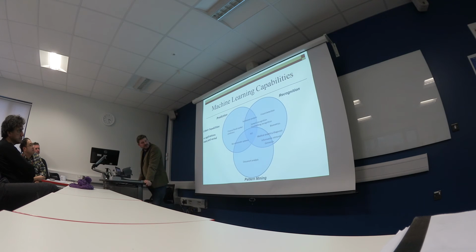In terms of outputs, certainly I think reinforcement learning could arguably be given a separate circle of its own, although clearly it's in the business of prediction and so on.